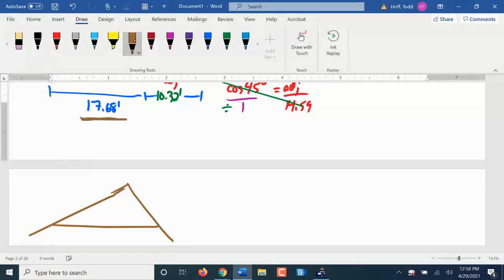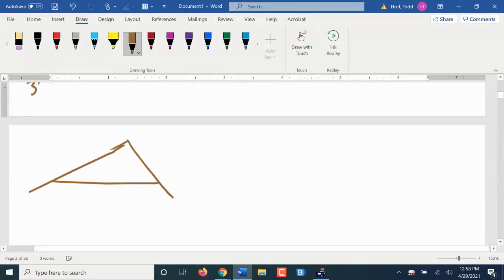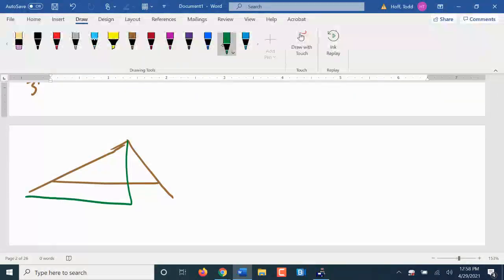So this 17.68 feet, we have to add a 3-foot overhang on it. 17.68 plus 3 is 20.68 feet, is the full run all the way up to the overhang of that 7/12 roof.